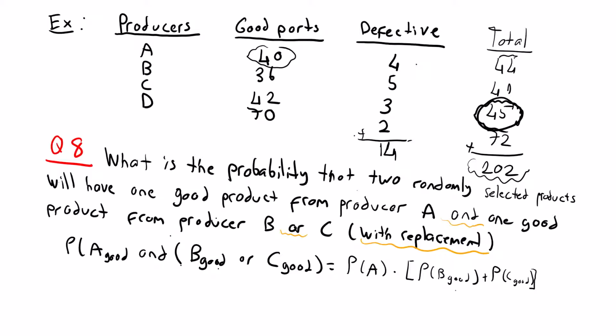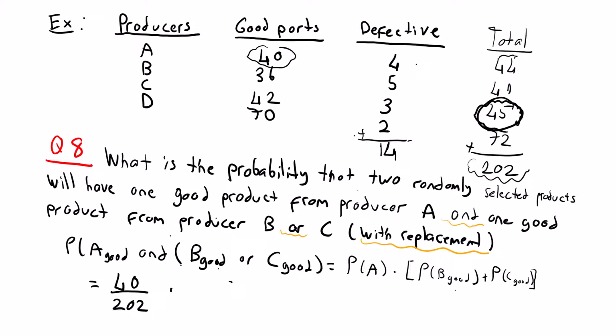That's 40 divided by 202, right? All right, it says with replacement. So we went for the first row and we took the item out of the box, then we put it back into the box again. So the remaining number of items will never change. It will remain the same. It's still going to be 202.